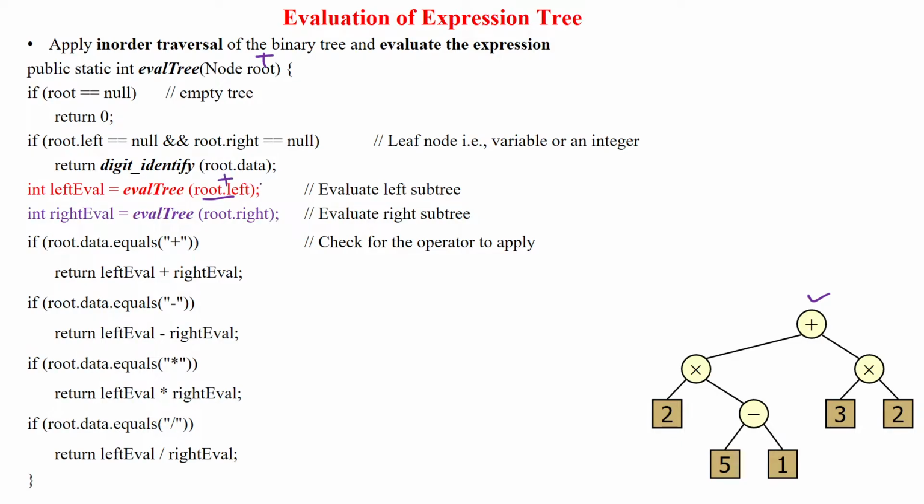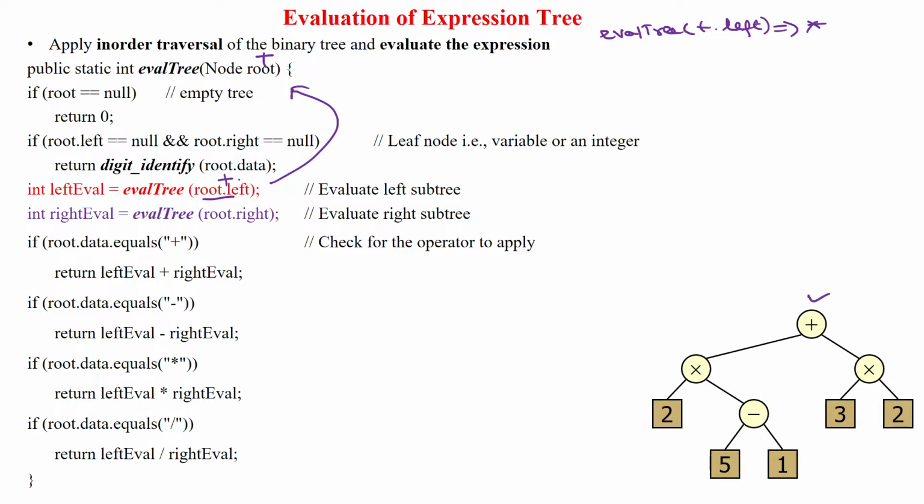So for plus we have to call evaluation tree. So for root dot left we have to call evaluation of tree for the plus dot left. So for plus dot left, here we are having the multiplication mark. So for that, again we will pass, again recursion.